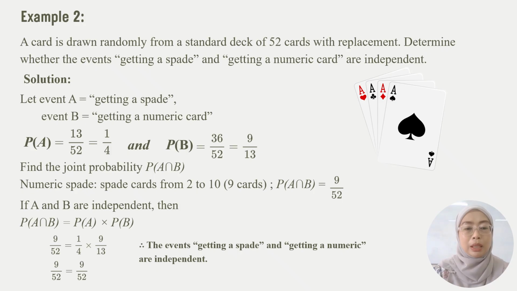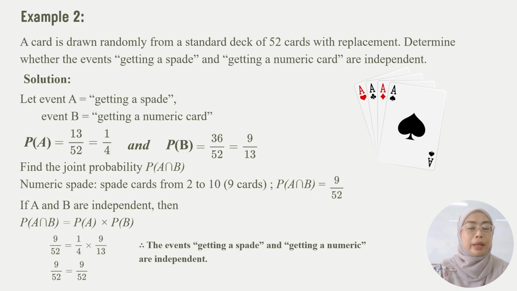So the probability of B is 36 over 52, and simplifying we get 9 over 13. The next step is to find the joint probability of A intersection B. Numeric spades, the spade cards from 2 to 10, there are 9 cards. So the probability of A intersection B equals 9 over 52.